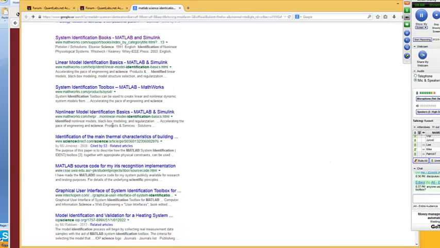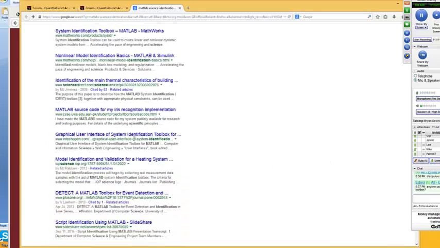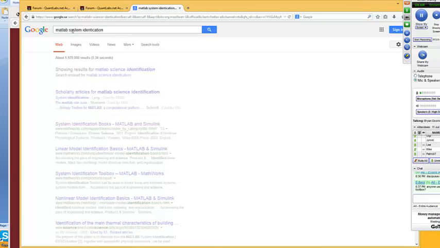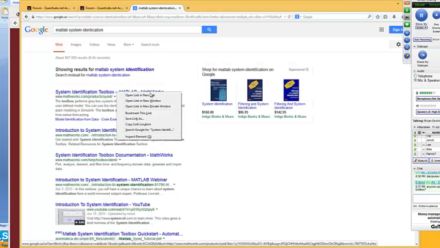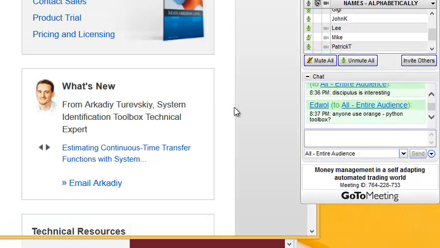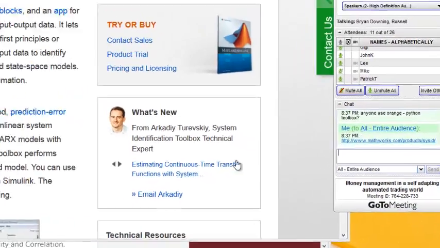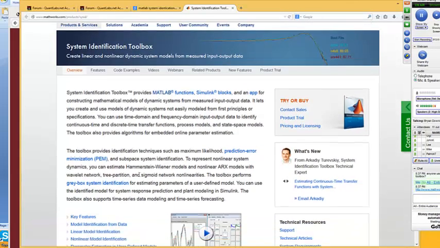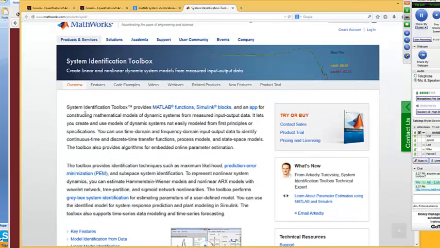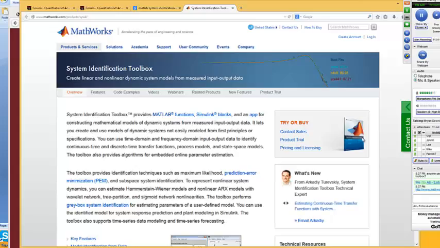Anyone use Orange or the Python toolbox? I never heard of it. Yeah, sorry, it was called System Identification. The idea is how you use it. Yeah, it's pretty cool though. If anyone wants to look into it, this is something I'm really fascinated by.